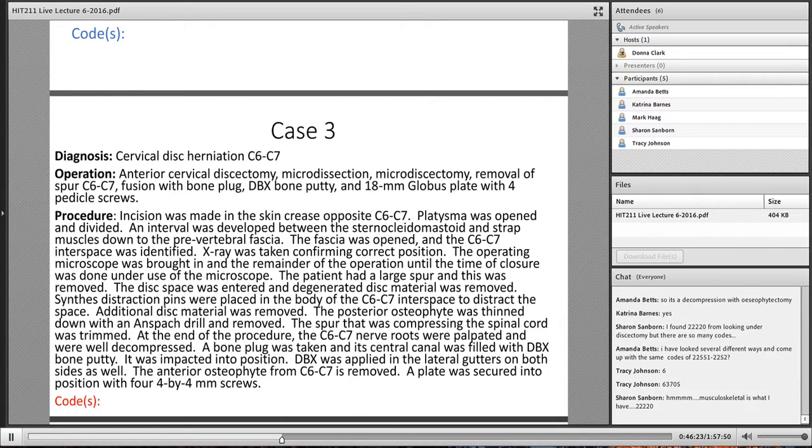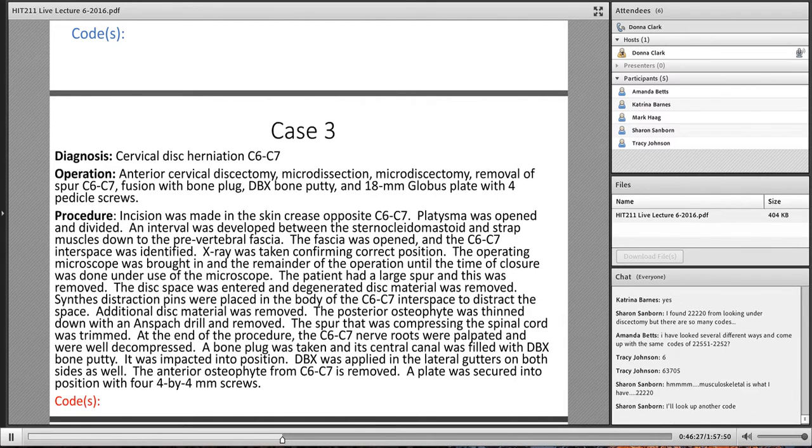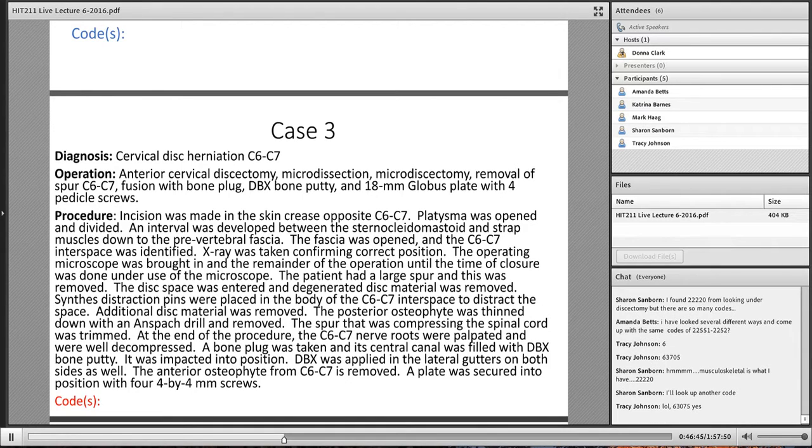Tracy said 6'3". I think you might have flipped your numbers. Did you do a transpose? Do you mean 63075?